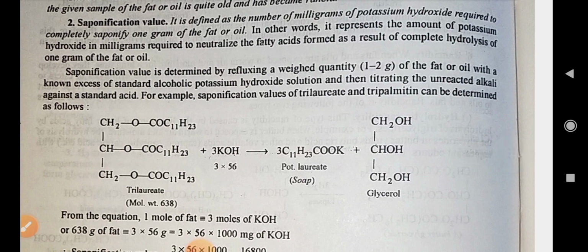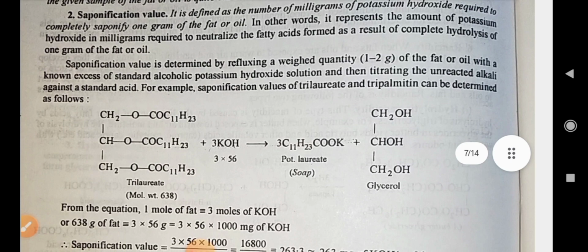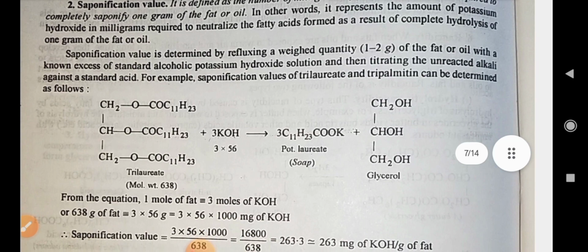Saponification value: it is defined as the number of milligrams of potassium hydroxide required to completely saponify 1 gram of the fat or oil. In other words, it represents the amount of potassium hydroxide in milligrams required to neutralize the fatty acids formed as a result of complete hydrolysis of 1 gram of the fat or oil.